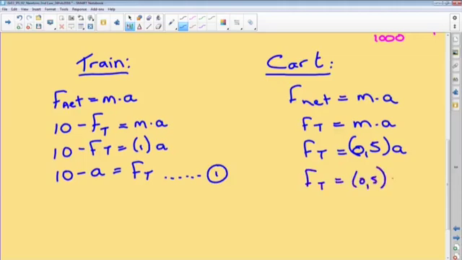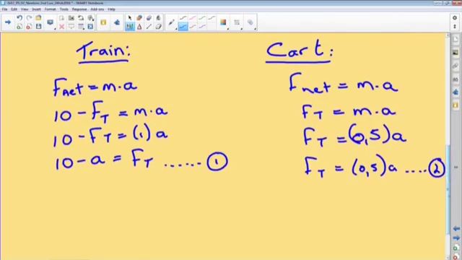I'm just going to give it a number. I'm going to make it equation 2. What I'm then going to do is substitute 1 into 2. You can say add 1 and 2 or substitute 1 and 2. So I'm going to substitute 1 into 2.